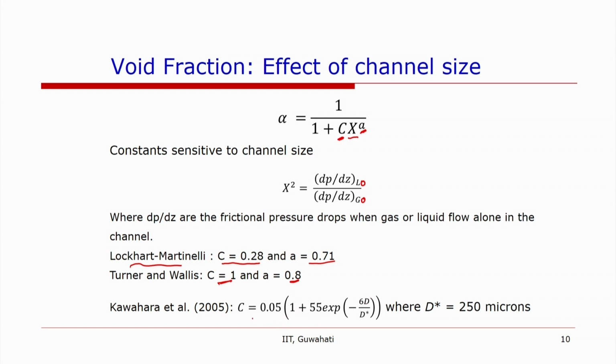So, they had C is equal to 0.05 into 1 plus 55 exponential minus 60 over d star, and d star is a reference diameter which they took as 250 micron. So, this was the Lockhart-Martinelli and Turner and Wallace correlation, which has been modified by Kawahara for implementing in microchannels.